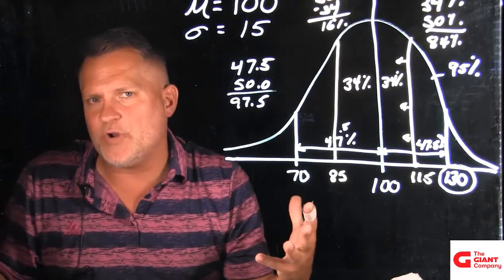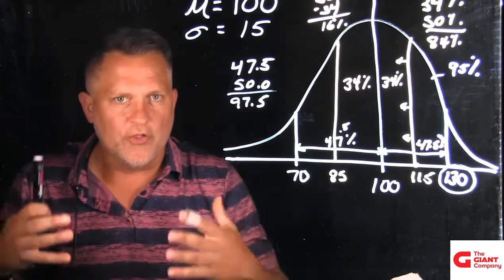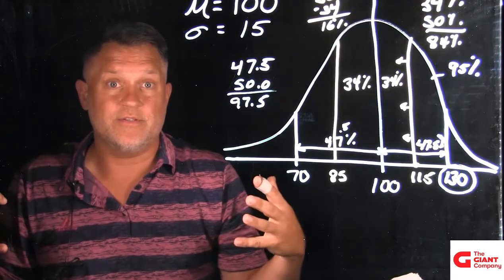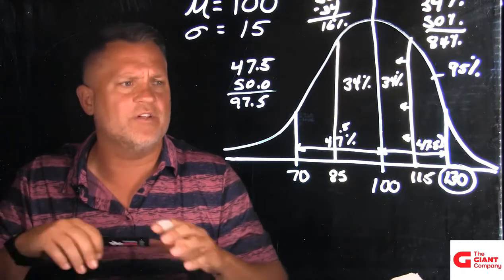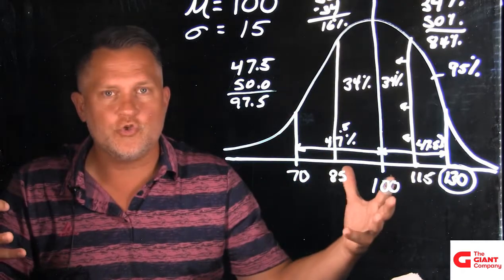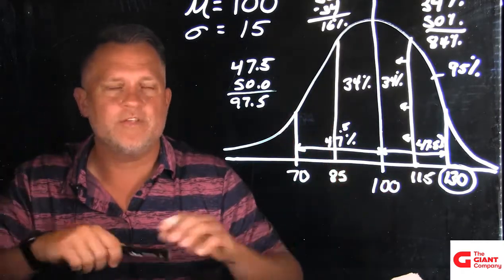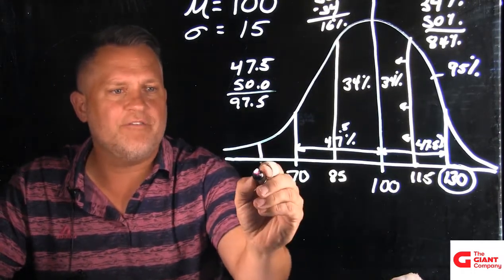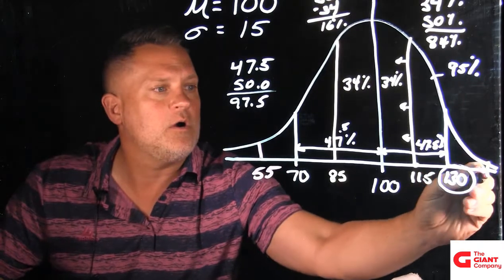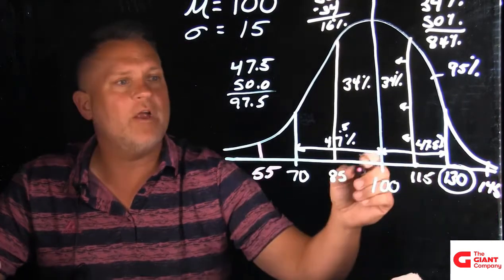because it might even sound crazy, but this is one of those things that I learned and thought, wow, this has to be able to help in decision making and problem solving and everything else, because we can look at normally distributed data and really make some good inferences. If we go out one more, we're talking 55 down here, 145 up here.